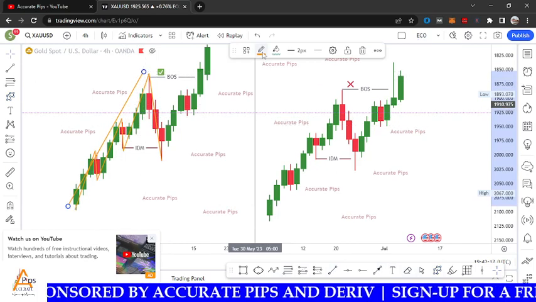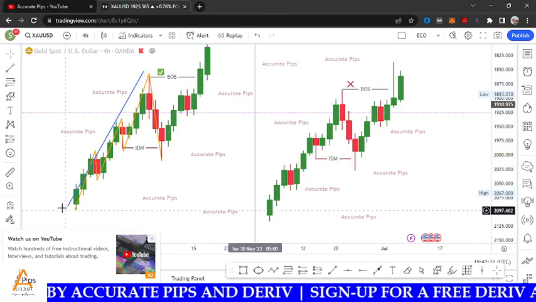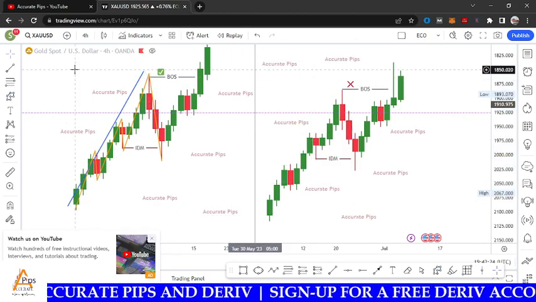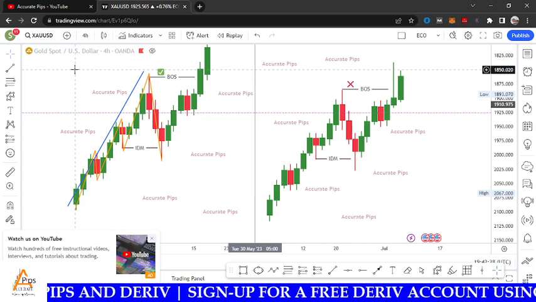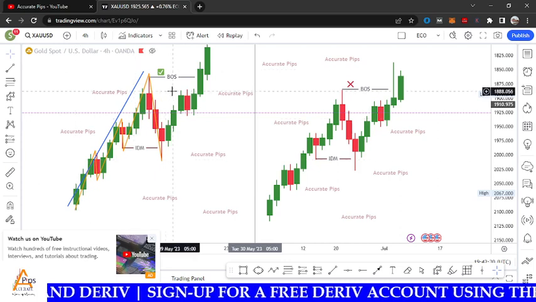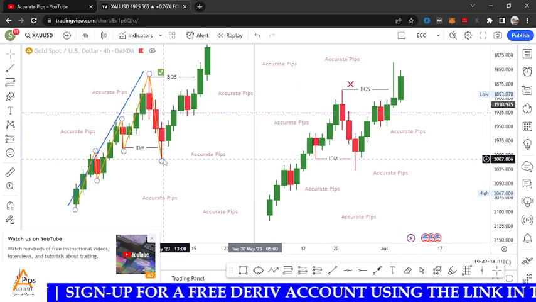Let me make this blue. All right, so this is one single leg in terms of structural impulse movement. Then this is our structural pullback or correction.